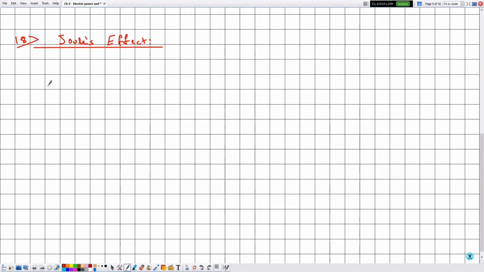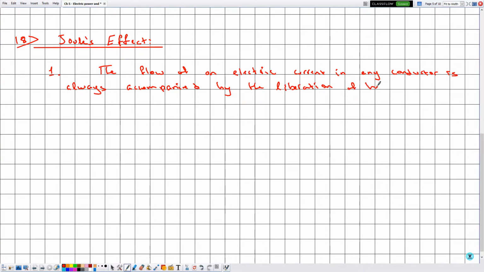Let me say idea number 1. The flow of an electric current in any conductor is always accompanied by the liberation of heat.